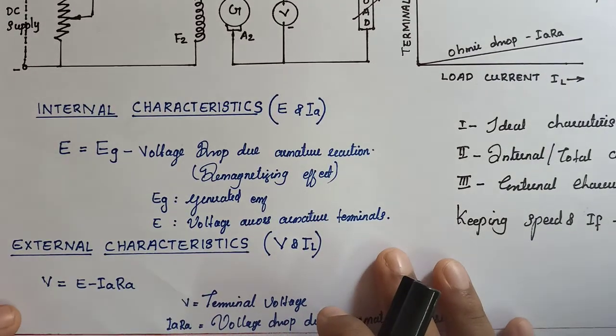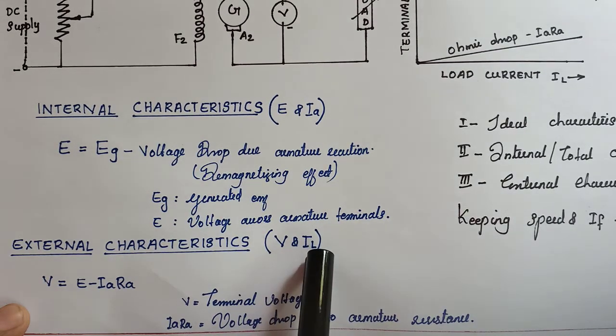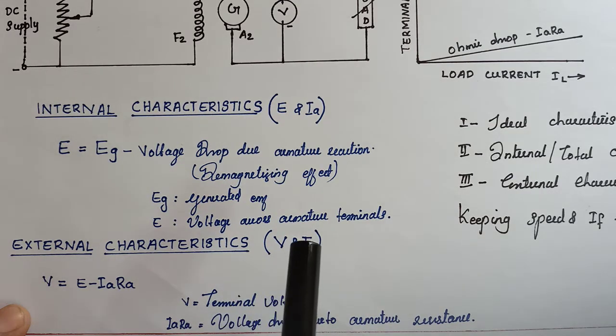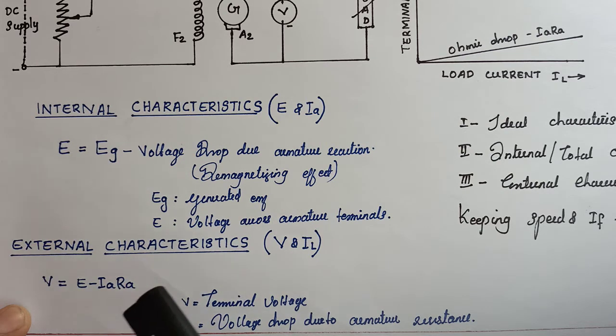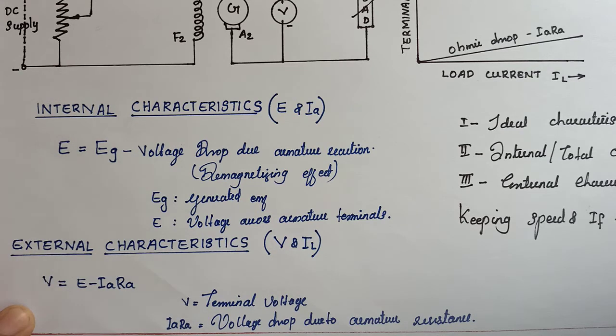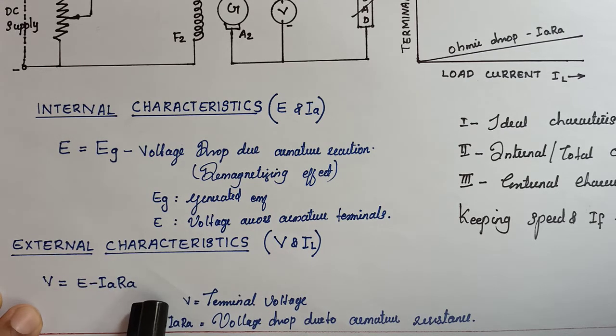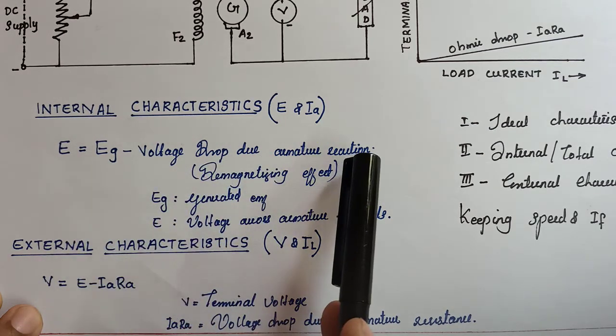The external characteristics give you the relationship between the terminal voltage and the load current. The terminal voltage mainly depends on the voltage drop due to armature reaction and the voltage drop due to armature resistance, along with EG. That is, V can be written as V is equal to E minus IARA, and we know that E is equal to EG minus the voltage drop due to armature reaction.